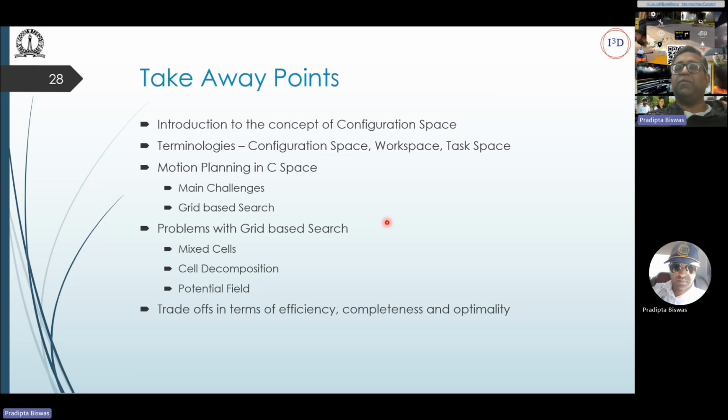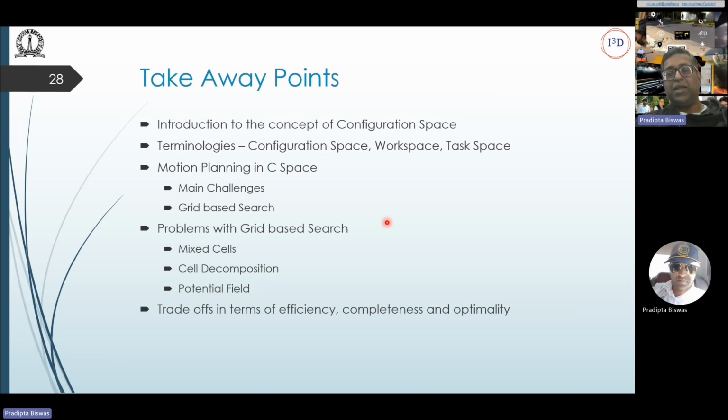We discussed the mixed cell problem, where a cell consists of both free and obstacle space, and we can do progressive cell division. Then we talked about potential field and skeletonization, where we have ways by which we ensure a minimum separation distance from obstacles. And we briefly discussed the trade-off among efficiency, completeness, and optimality.